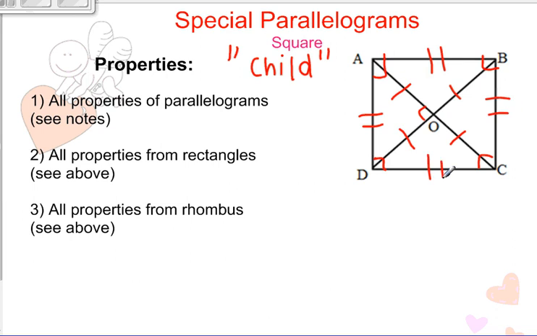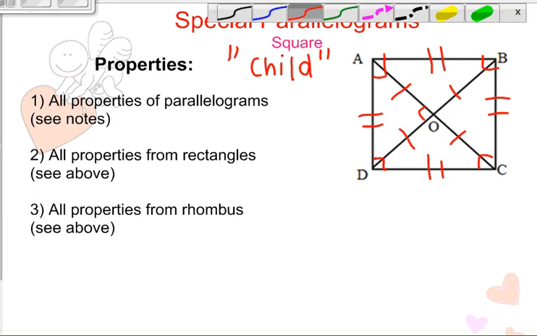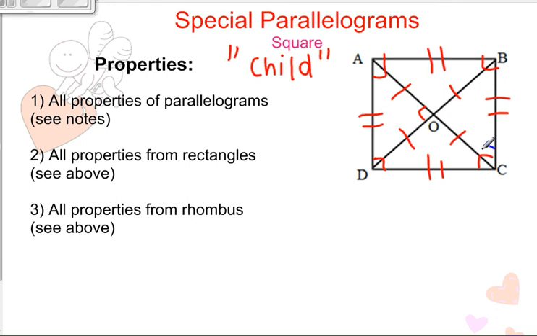Now, one thing they love to do here with squares is ask you what the given angle is when you've cut these things in half. Realize this is a 90-degree angle and it holds the property of the rhombus where it bisects the angles. So you're cutting 90 in half.